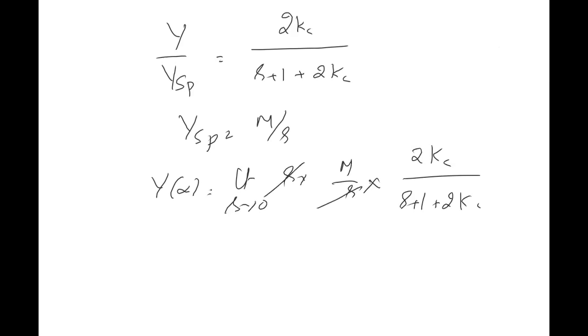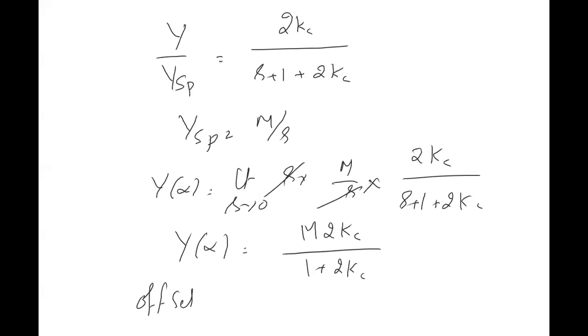S and s will cancel. What is Y of infinity is M into 2Kc by 1 plus 2Kc. What is the offset? What is your expectation? M minus Y infinity. So if you substitute this, you will get M by 1 plus 2Kc.